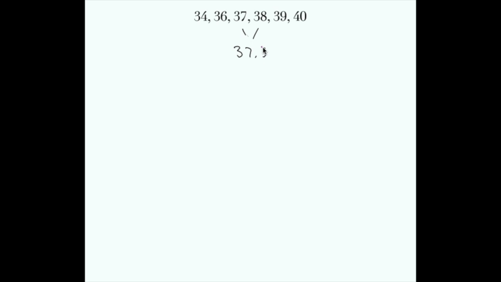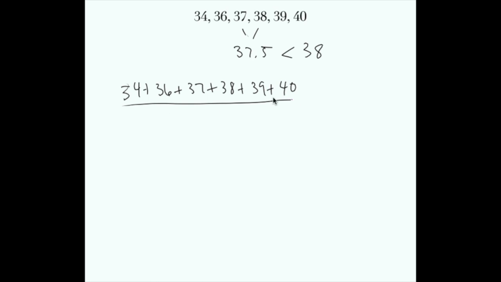The median here is 37.5, smaller than the original median. The mean is 34 plus 36 plus 37 plus 38 plus 39 plus 40 divided by 6, which equals 224 divided by 6, which equals 37.33, which is also smaller than the original mean.